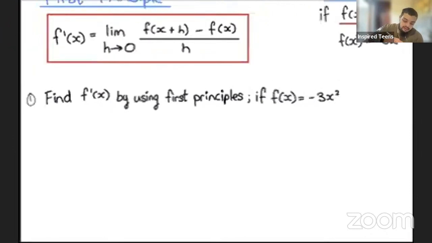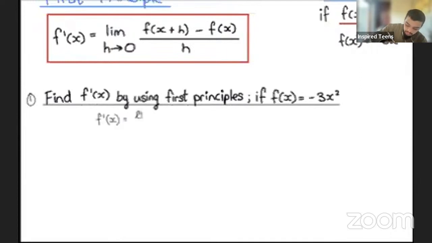It says here, find f prime x, the first derivative, by using first principles if f of x is equal to negative 3x squared. So we're going to use first principles. We've got to write the formula, and we have to write the limit on each step except the last step. So just keep that in mind.